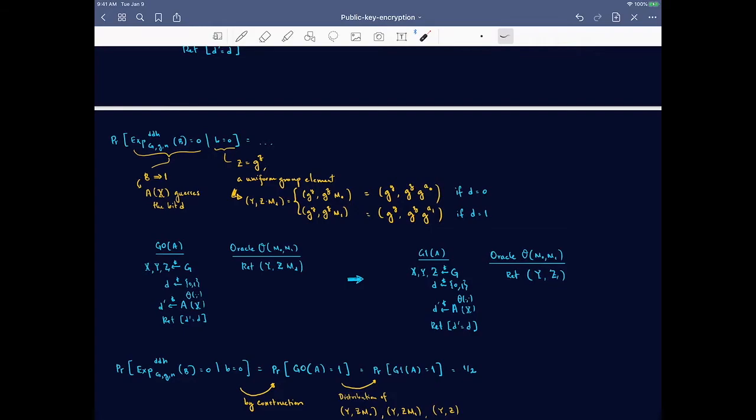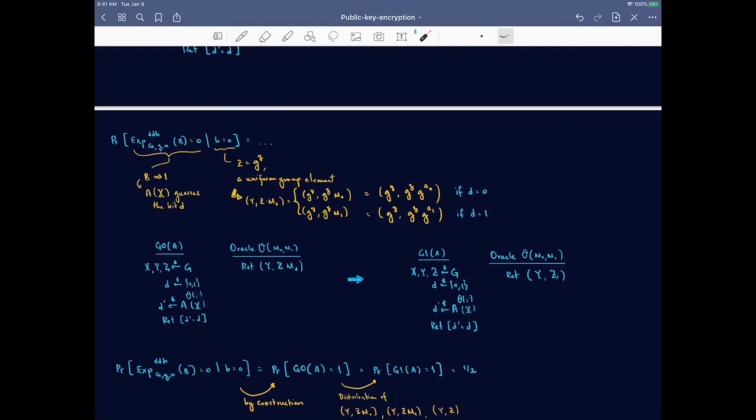How about the distribution on this? If the message is M1, so if D is equal to 1, then Z times M sub 1 is this. But that's just G to the Z plus A1, where again Z is uniformly random, which means we still get a uniformly random element, just shifted slightly. So no matter the value of D, this is a uniformly random group element.